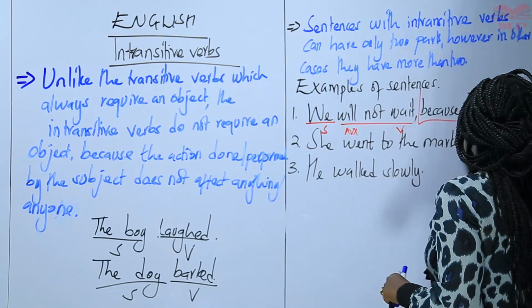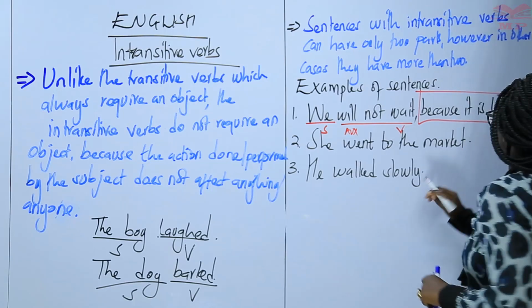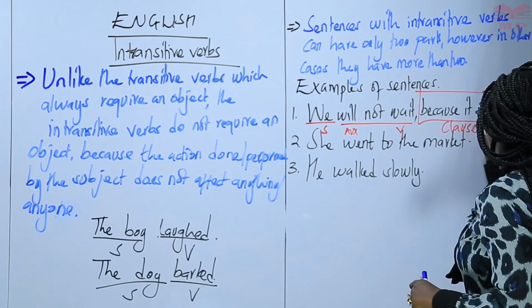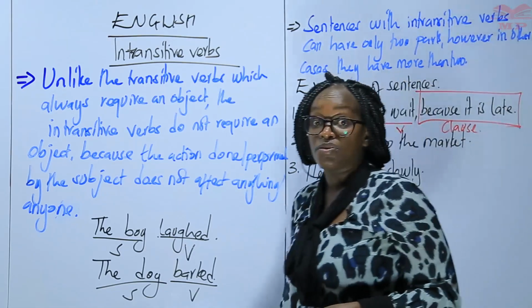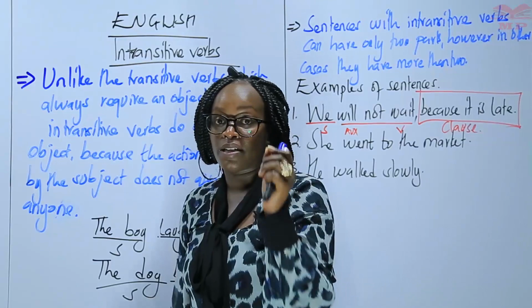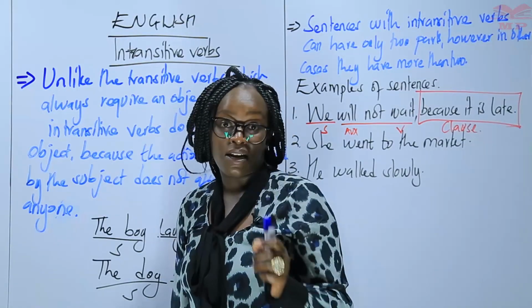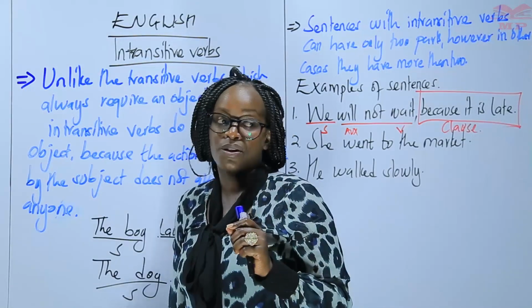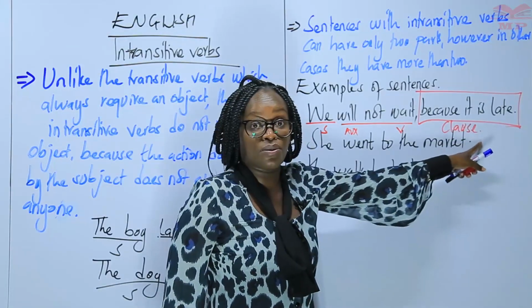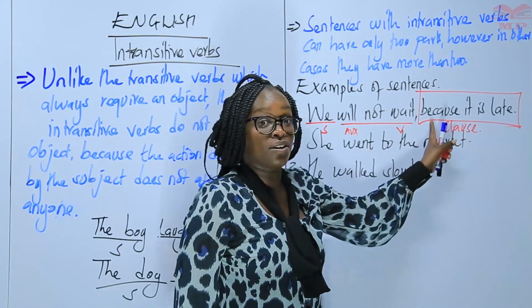And then we have this section that comes here, because it is late. This is what we refer to as a clause. Remember in Form 2, you talked about the different types of clauses that we have in English. You talked about the subordinate clause and the main clause or the independent clause. So actually, because it is late is a subordinate clause because it cannot stand on its own.